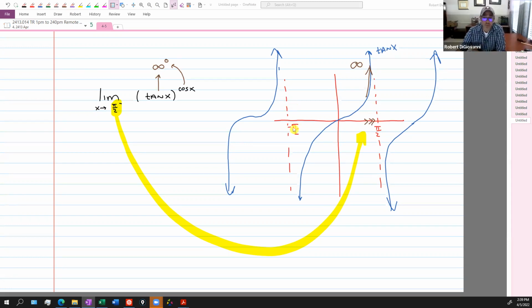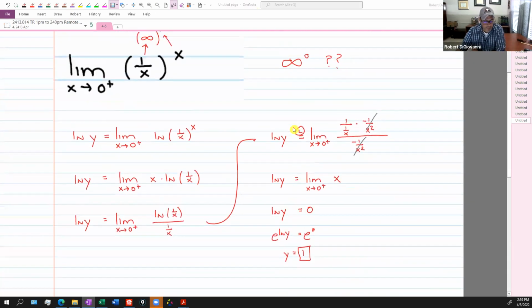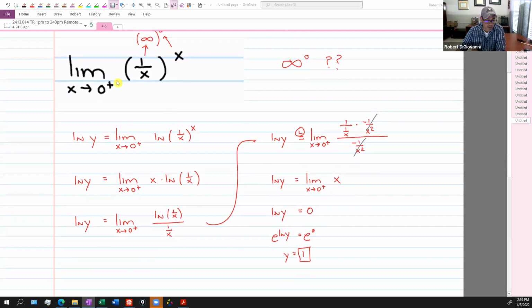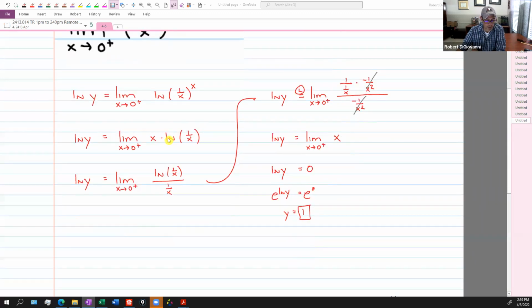Let's talk about the first problem that I gave. 1 over x to the x. So this is 1 over 0 goes to infinity, and then you raise it to the 0 power. This is something we don't know. We let this equal y. We take the natural log on both sides. We pop the x out. This is guaranteed to be infinity times 0 or 0 times infinity. We drop, in this case, the x down. The derivative is a little tricky.